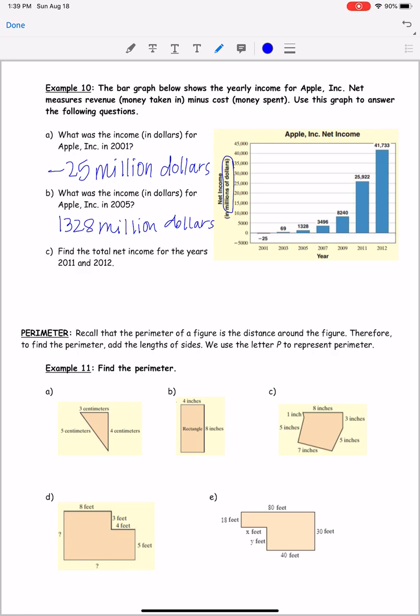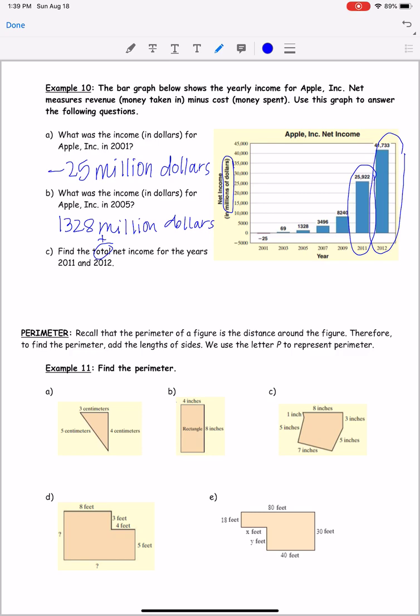Now here, find the total net income for the years 2011 and 2012. So remember, total means to what? It means to add. So I need to add 2011 with 2012.